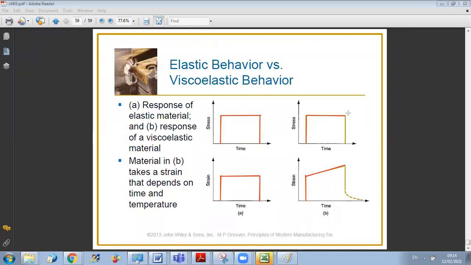And then when I remove my load, when I remove my stress, I will not go instantaneously to the initial state. I will go back to the initial state, but with a certain time. So I will have this curve like this, and it will take time to go back to the initial state. So this is the viscoelastic behavior. I can deduce that the viscoelastic behavior will not have an instantaneous response to stress.